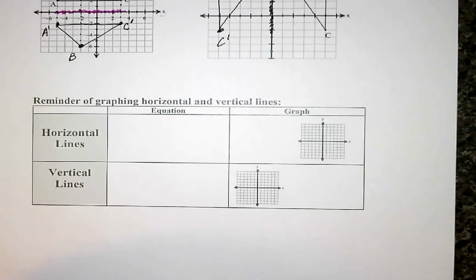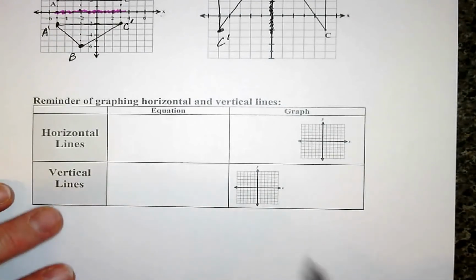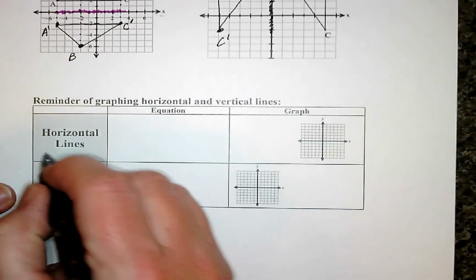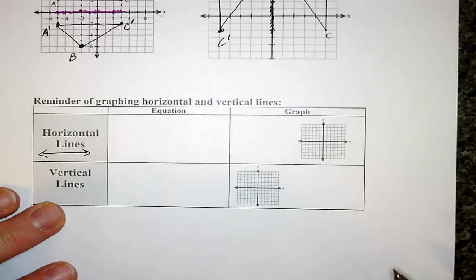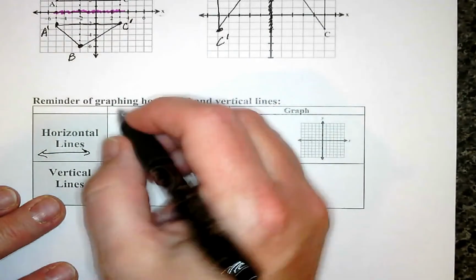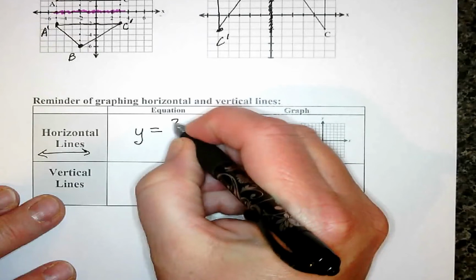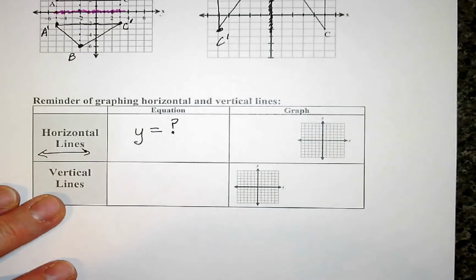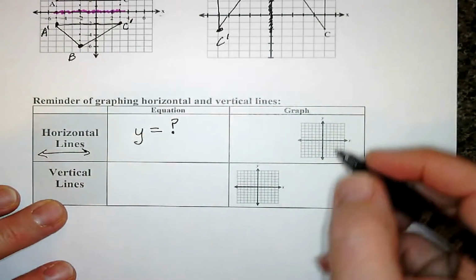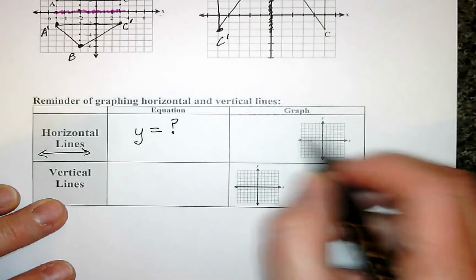We also are going to look at how we graph over horizontal and vertical lines other than the axes. A horizontal line is a line that's going to go like the horizon, left and right. The equation that you're going to see for that is y equals some number. Whenever you see a y equals, that is going to graph a horizontal line through that point.